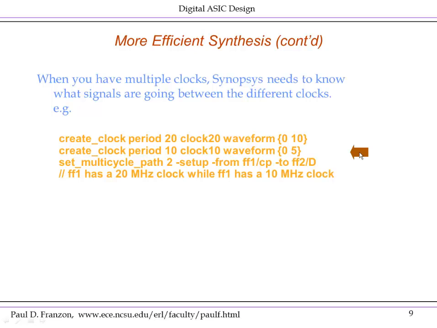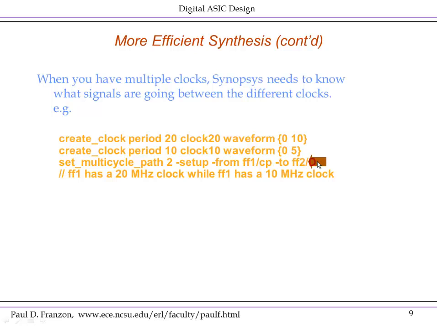And that is, you basically have to say from between which pair of flip-flops, what is the delay? Now, it's not an arbitrary delay, it's one of these two clock periods. And you do that by saying it's a multi-cycle path with respect to one of the clocks, CP here.